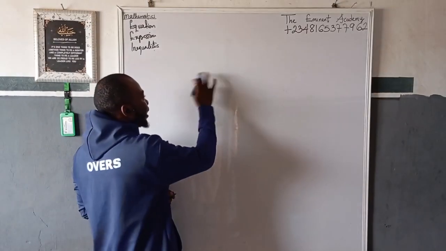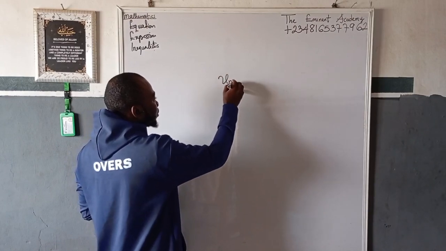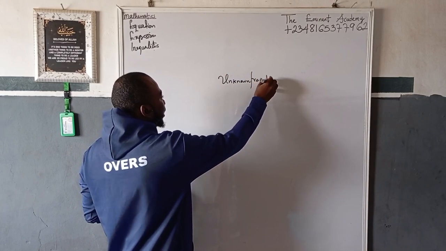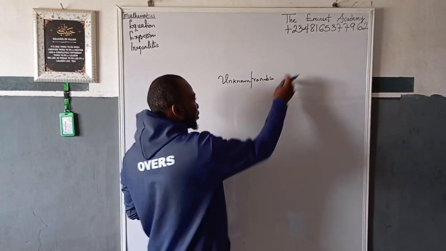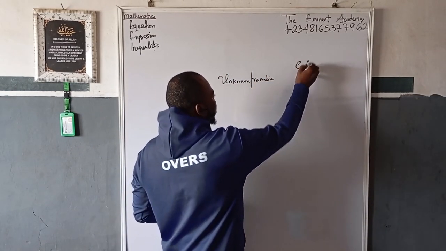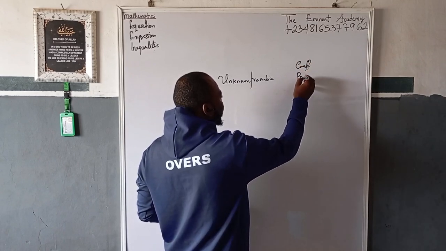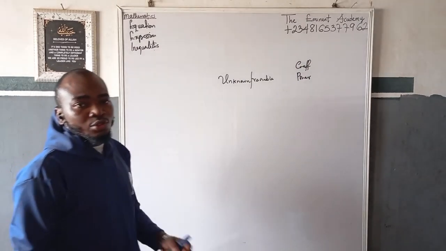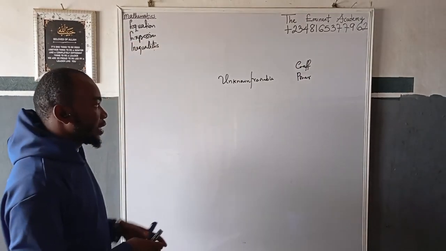And I said we have some things that we call unknowns, which can otherwise be called variables. And to these unknowns and variables, two things are attached, which are the coefficients and their power. So today, we want to look at what are the basic types of these three that we can have.